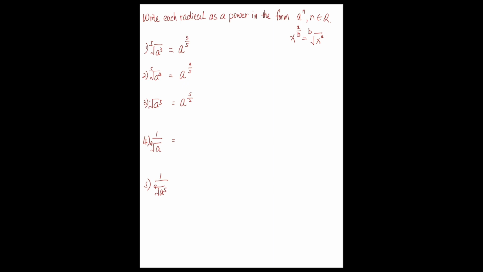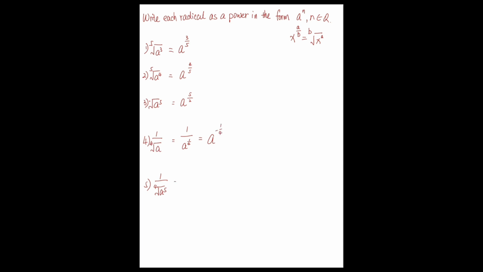And number 4 is a little bit complex. Variable a is the denominator, so first we can change the root, and we can write it in this way, and we can rewrite this as a to the power of negative 1/4.